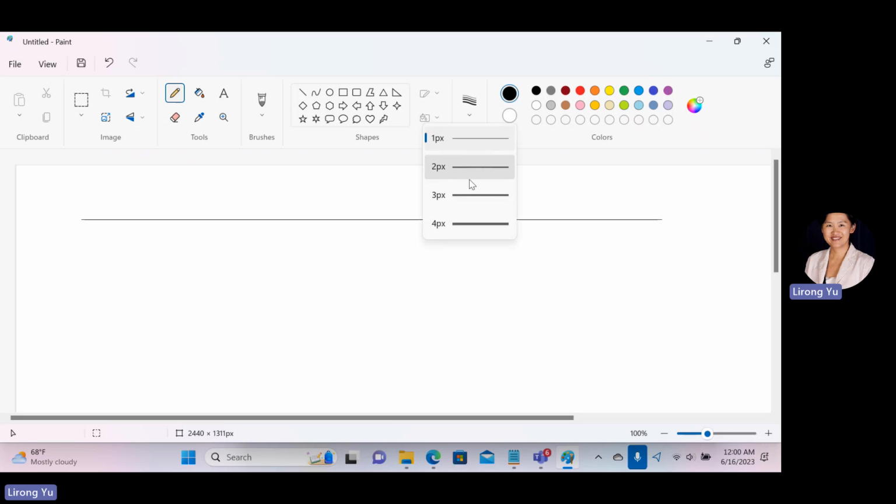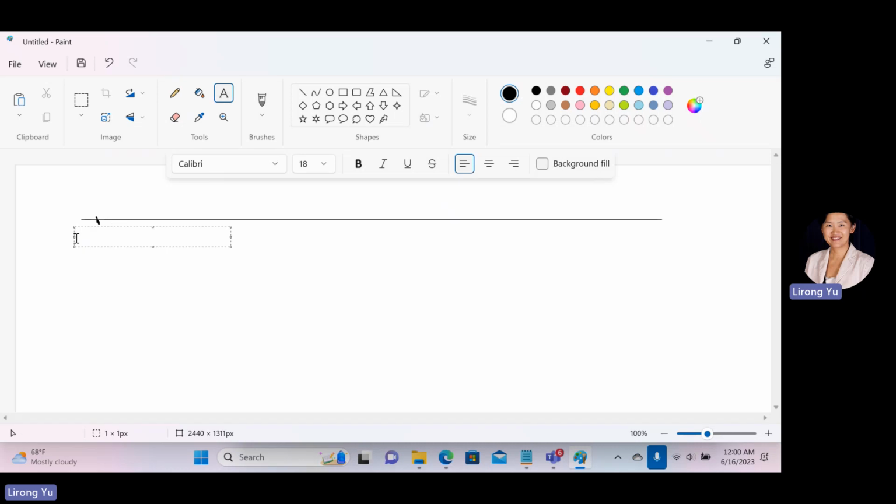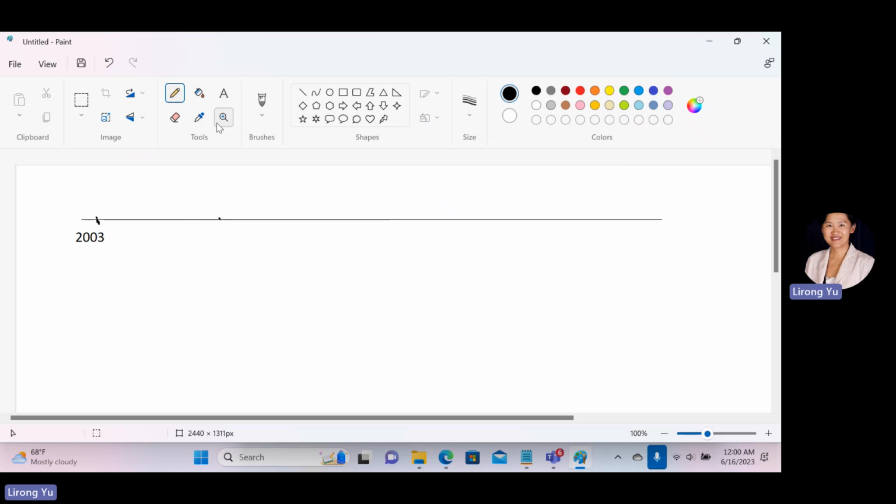So this is 2003, and the first payment comes at 2009.